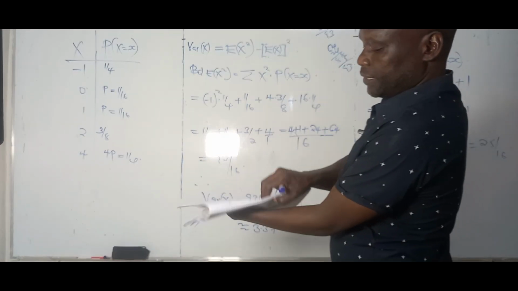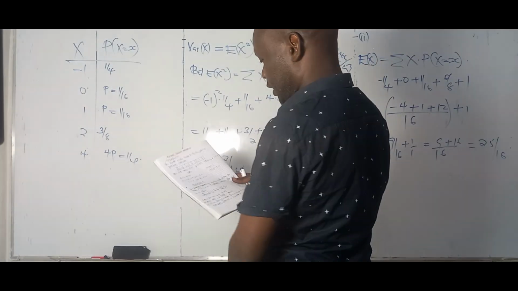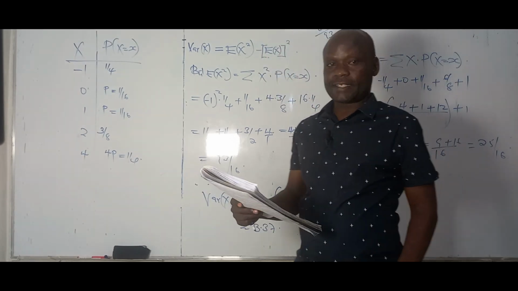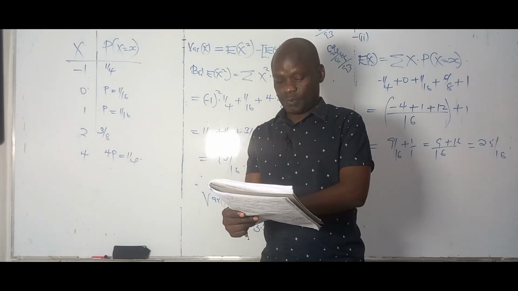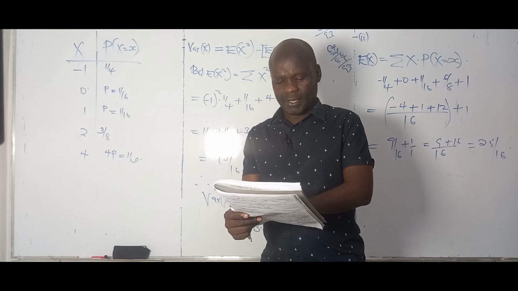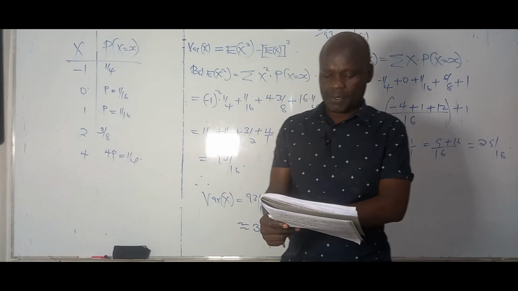Now, the other part requires us to get, given that x is greater than 0, the probability that x is equal to 2, and that's 2 marks.